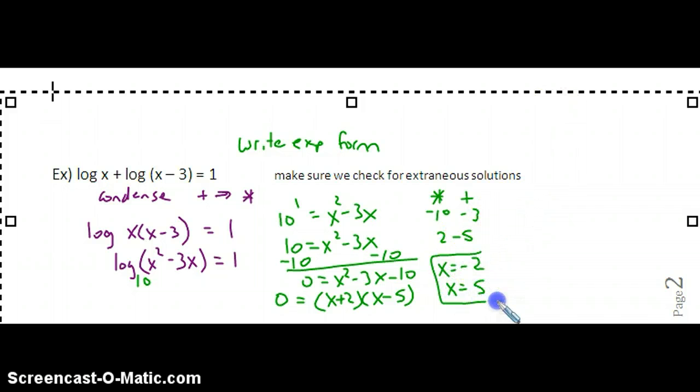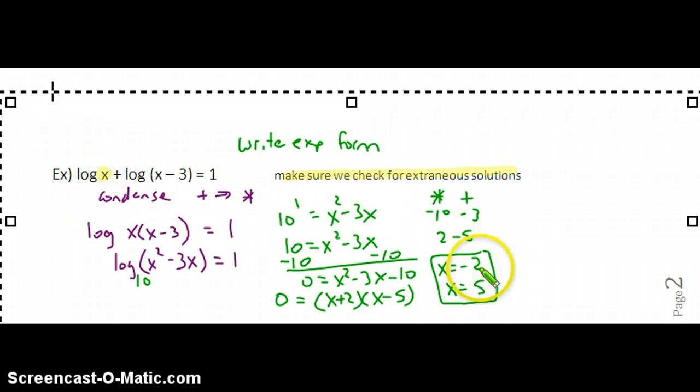So I have to check to make sure that these work. And again, I wrote a note here, make sure we check for extraneous solutions. And the reason for that is, well, we want to do it all the time, but the reason for that is, notice that I'm taking the log of just an x here.